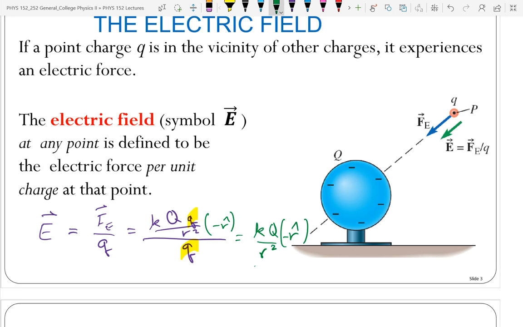Well, what does that mean? Basically, if you had a positive test charge, the force on that positive test charge would be parallel to the electric field. If you had a negative test charge, it'd be the opposite direction. It's just a simple way to think about it. It's not something to get disturbed about.